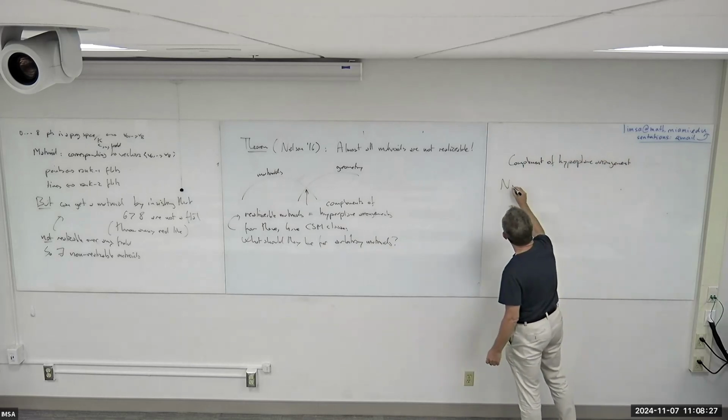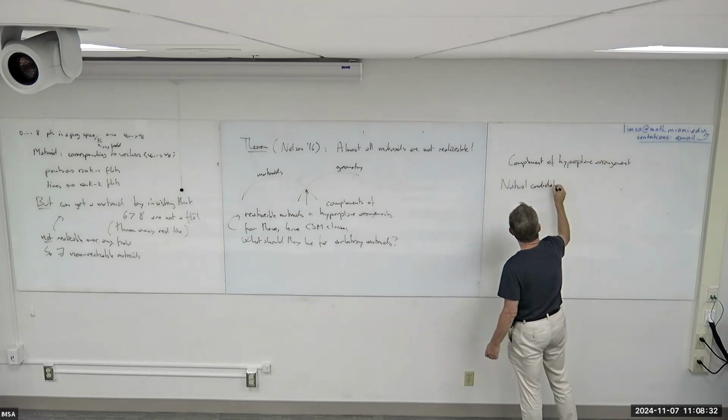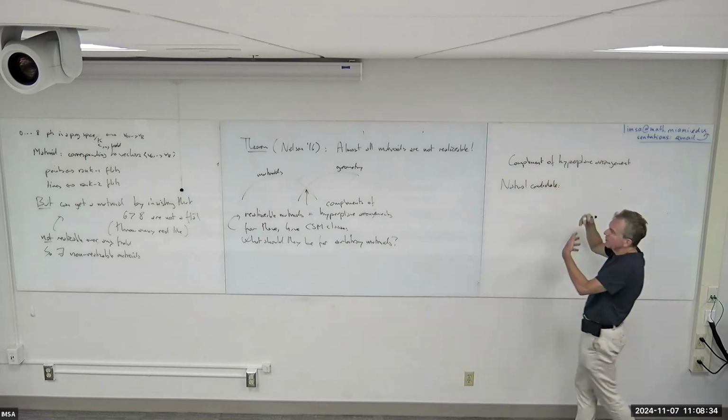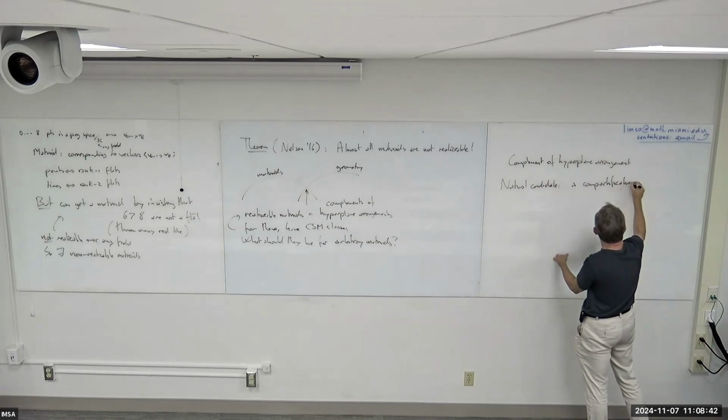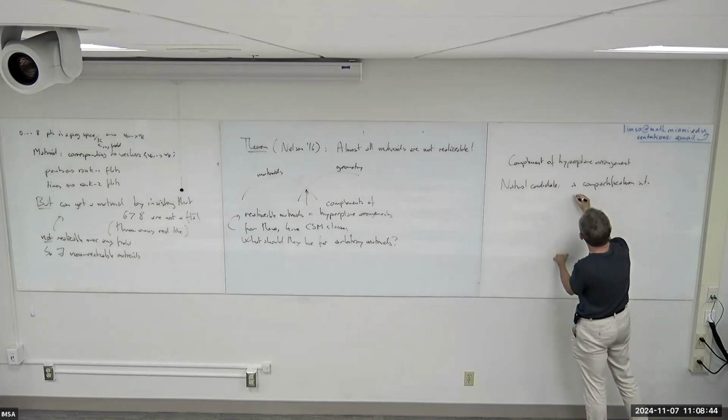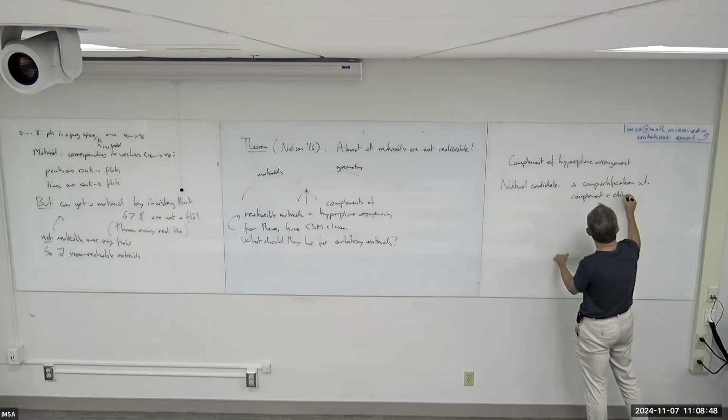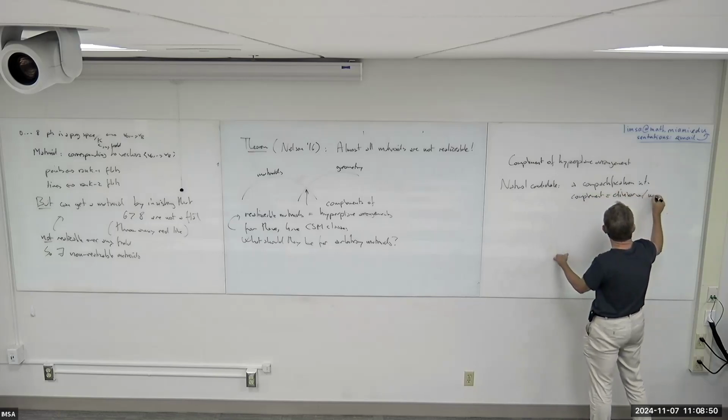The natural candidate for a geometric place where this should happen is a compactification, a compact variety such that the complement is a divisor with normal crossings.